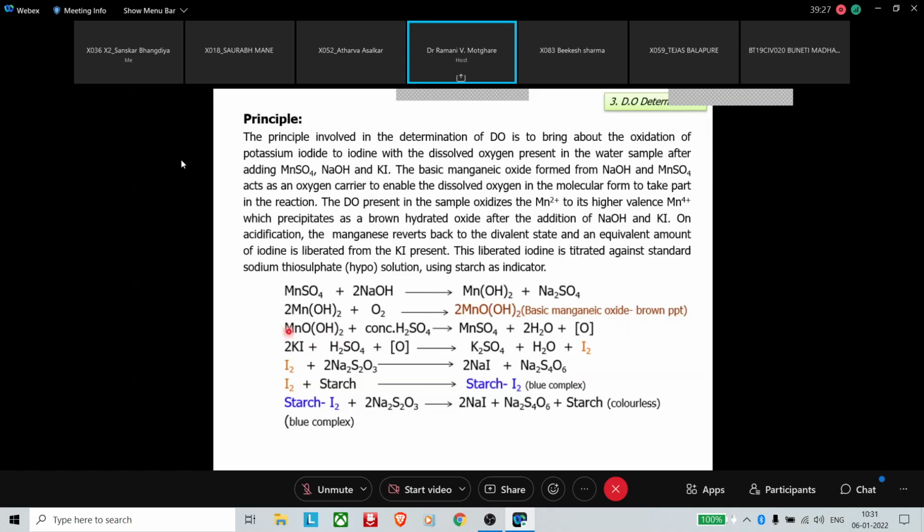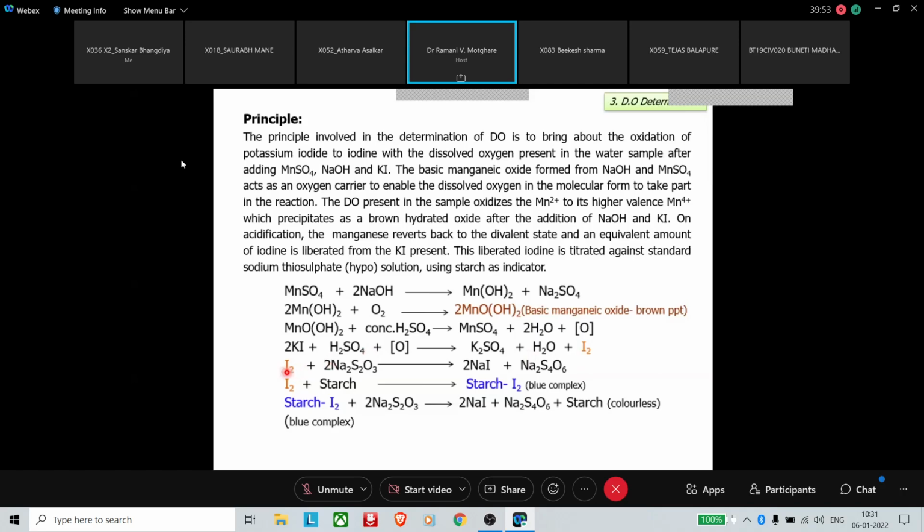Then MnO(OH)2 plus concentrated H2SO4 gives MnSO4 plus 2 H2O plus nascent oxygen. 2 KI plus H2SO4 plus nascent oxygen gives you K2SO4 plus H2O plus I2.